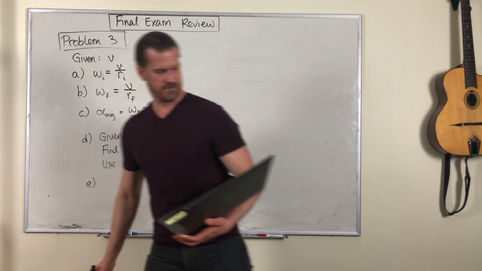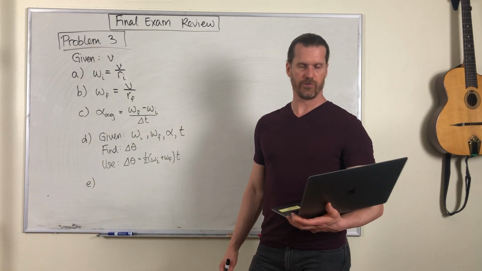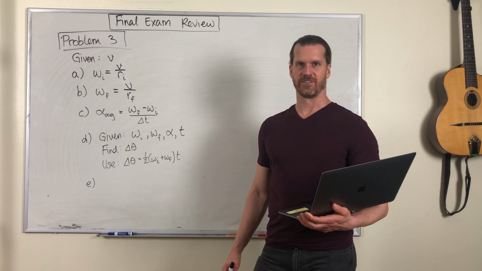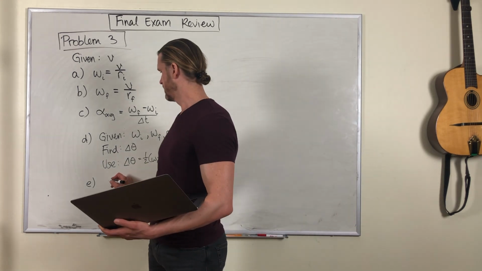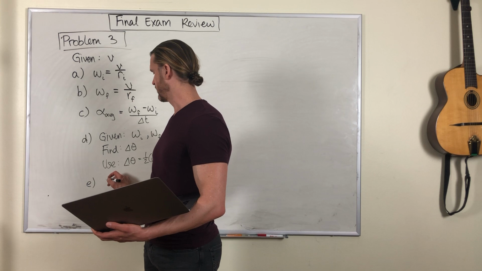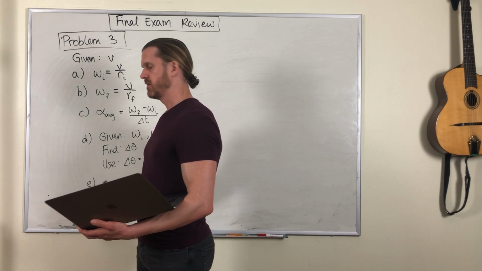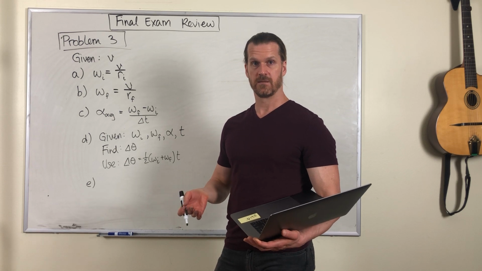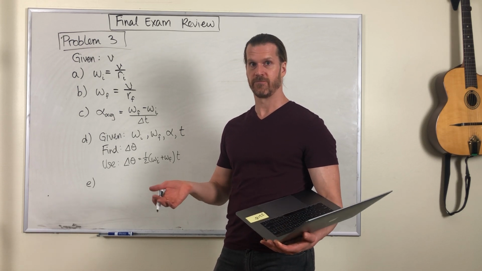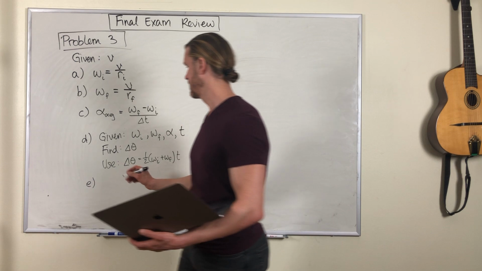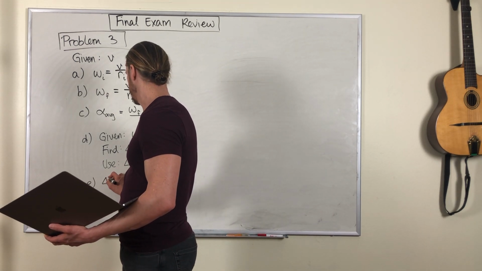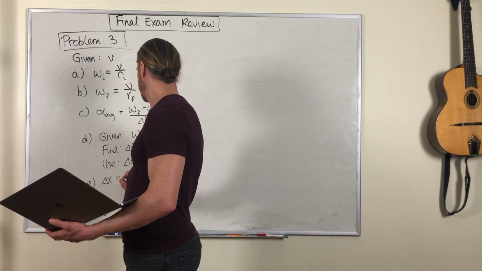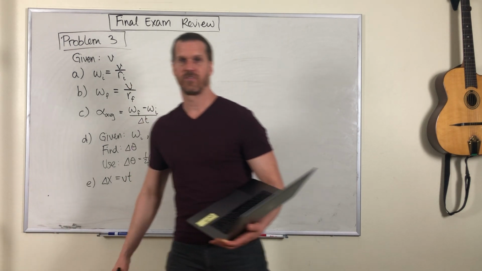And lastly, part E, find the total length of all that information on the CD. It sounds like it might be a hard question, but it turns out it's pretty easy. Because the linear tangential speed is constant, that means the distance is speed times time.